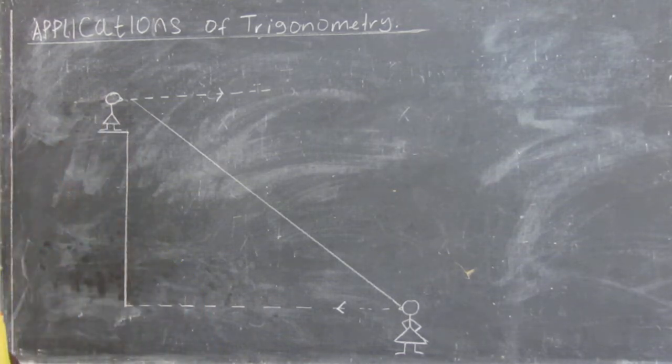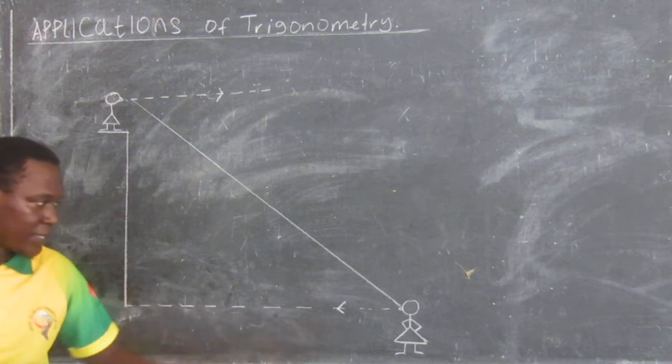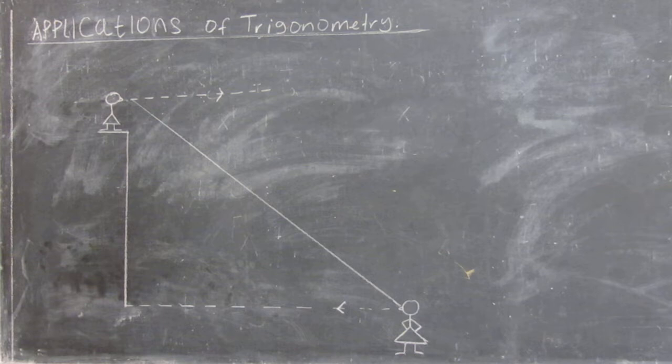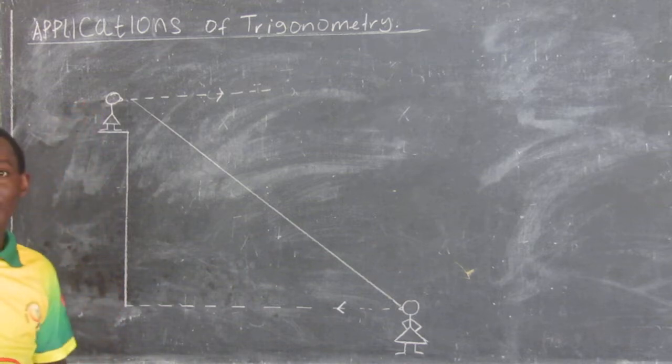Here on the blackboard, you are seeing some drawings. There's this young lady here, looking at the building. After looking at the building horizontally, she looks at the top, and she wants to go on top of the building. Remember, to go on top of a building, you use an elevator.